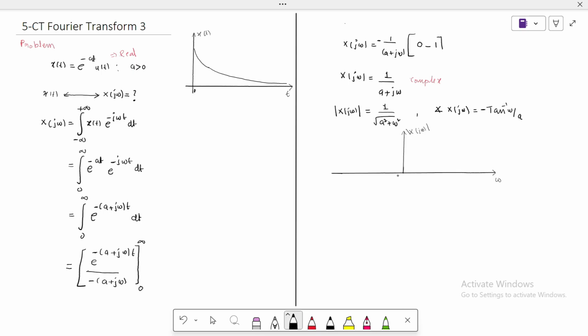At omega equal to 0, the value equals 1 by a, the maximum value. At omega equal to a, the value equals 1 by root 2a. Then you draw the waveform and you will get it like this.